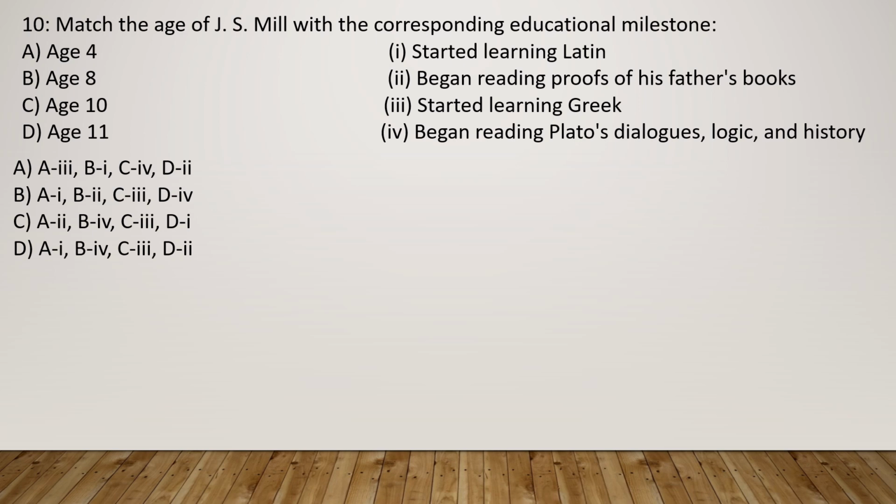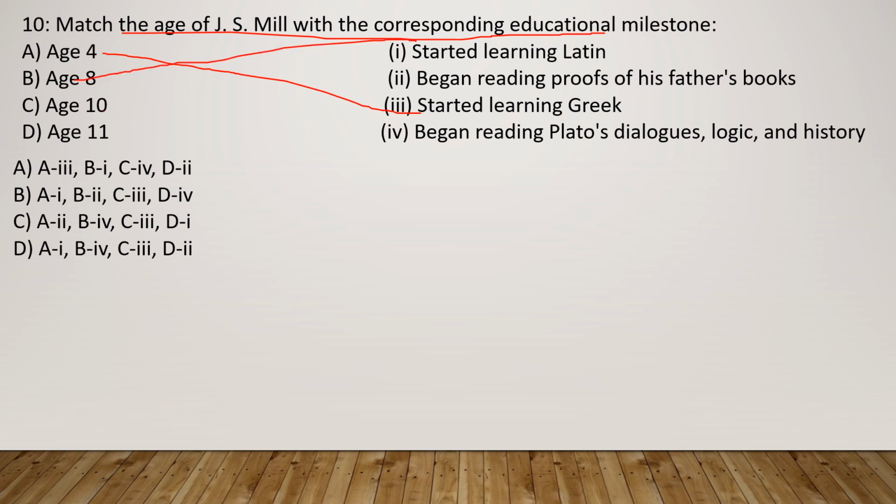Match the age of J.S. Mill with the corresponding educational milestone. J.S. Mill was a voracious learner and reader since his childhood. Age 4, he started learning Greek. Age 8, he started learning Latin.